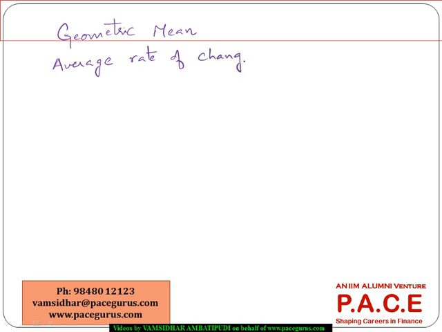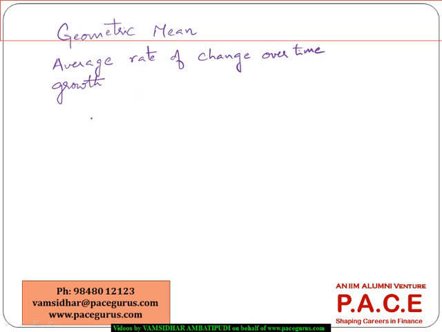Generally with time series data, over the last 5 years, what is the rate of change? Or when I am looking at compounded growth over the 5-year period, we use the geometric mean. So whenever we are looking at a time series related average, we are using geometric mean.